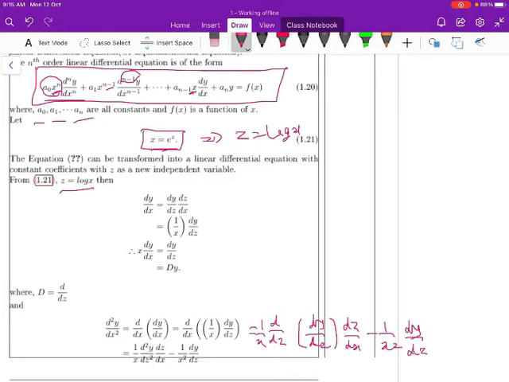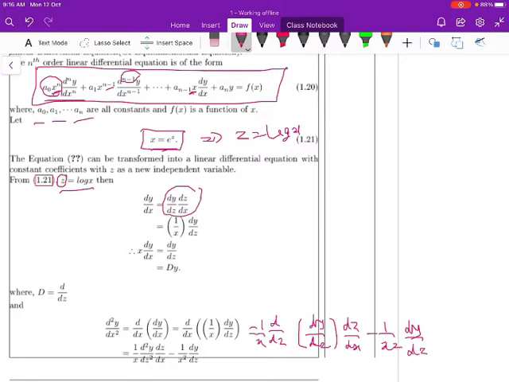You know dy by dx can be written as dy by dz into dz by dx. Here we have introduced one more independent variable z, a new independent variable. So therefore dy by dx can be written as dy by dz into dz by dx.